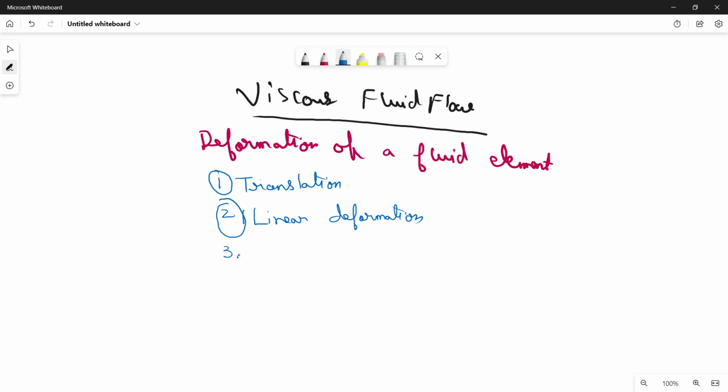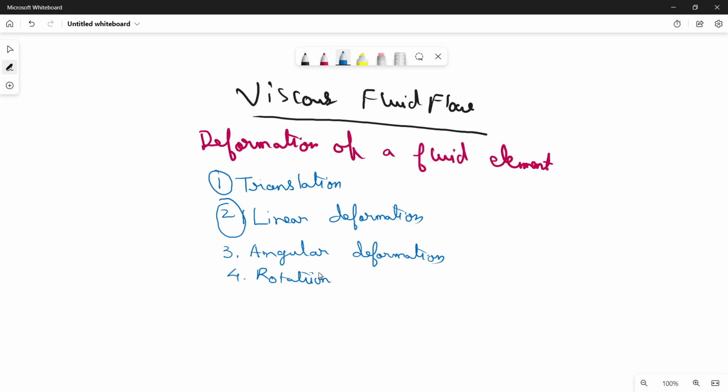Then number three is angular deformation, and then number four is rotation. So these are the modes of deformation of a fluid element.